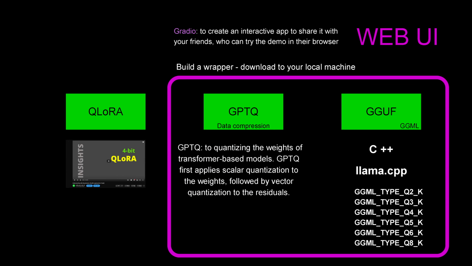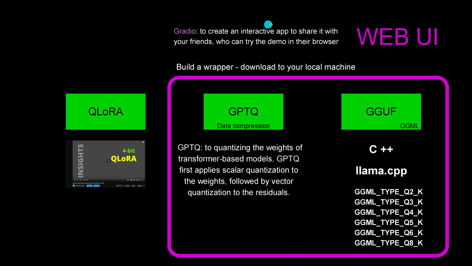Great. Now, as you can see, those 2 core elements are essential. And around those 2 core elements, people build a wrapper. So you can download this to your local machine, or you have maybe pointers to the Hugging Face libraries, whatever version, but you have a lot of web UIs. For example, either you go with Streamlit or you go with Gradio, like you have seen in Hugging Face Spaces.